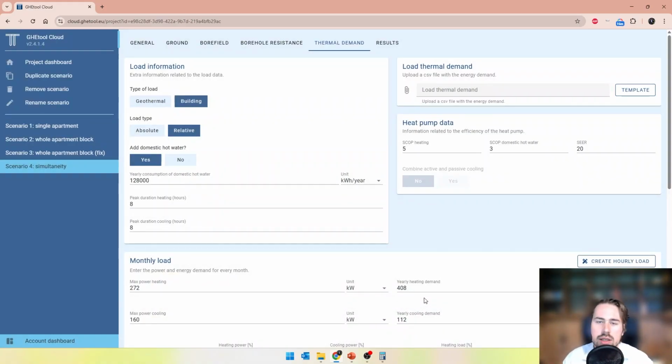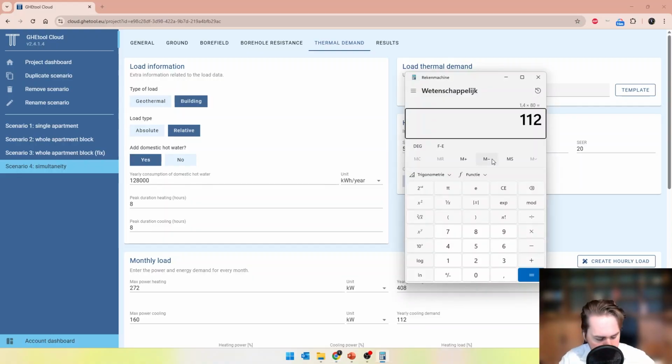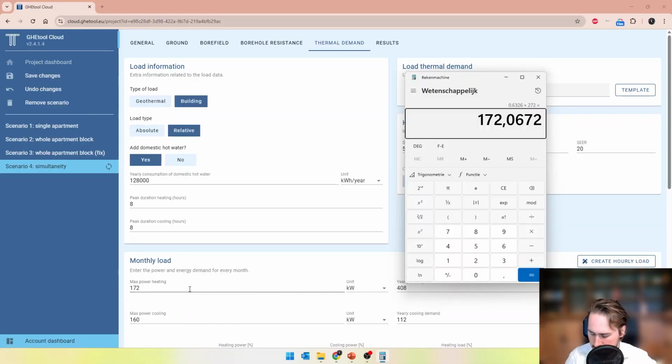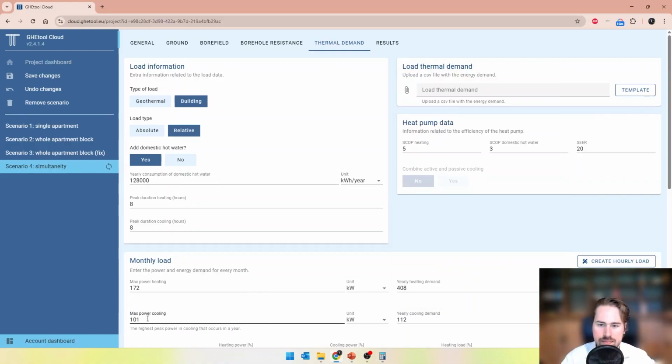Our yearly heating and cooling demand stays the same, but as we said before, we had 36.26%. So make it percent and multiply that by 272, which will give us 172, and do the same with 160, which will give us 101.